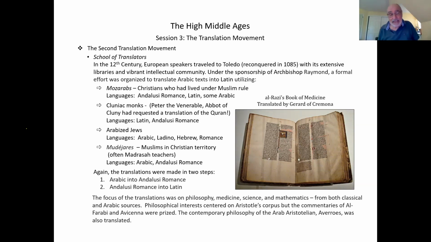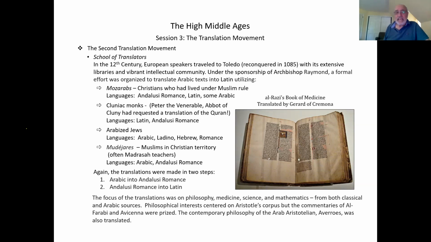There were Cluniac monks that were sent down. The abbot of Cluny, Peter the Venerable, a famous Benedictine abbot, had actually requested, if you can imagine, an early 12th century abbot requesting a translation of the Quran. Remember, we're into the era of the Crusades.